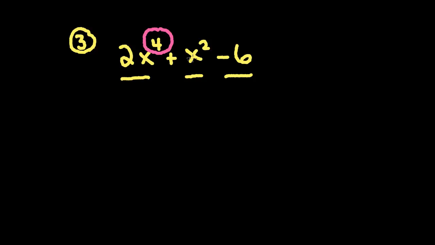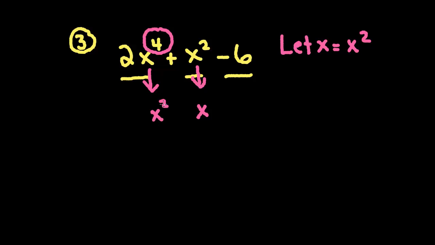So what you're going to do is say, well, if I let x equal x squared, I can make this problem look like the type of problems that I'm used to factoring. So this x squared becomes an x, and the x to the 4th jumps down to an x squared, because x squared squared is x to the 4th. So this then becomes this equation.